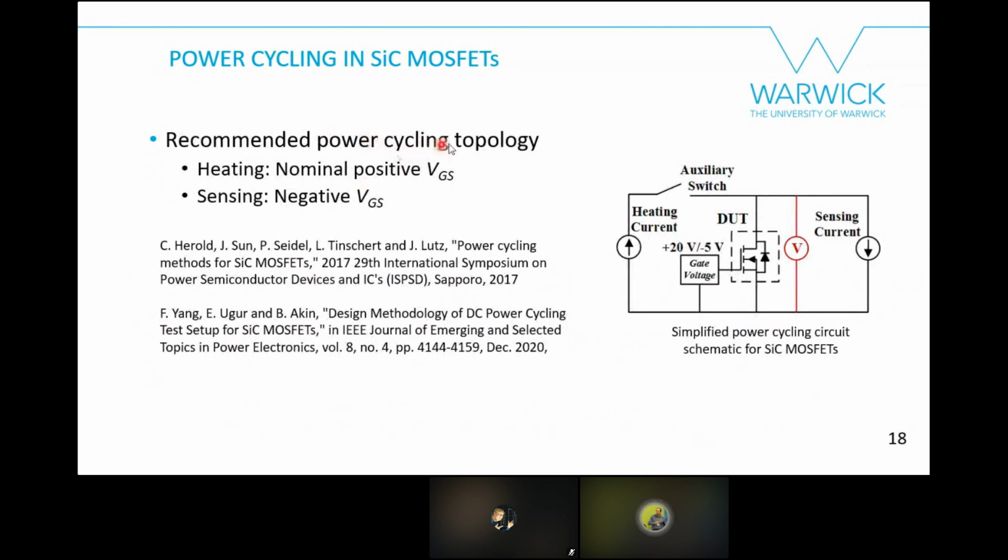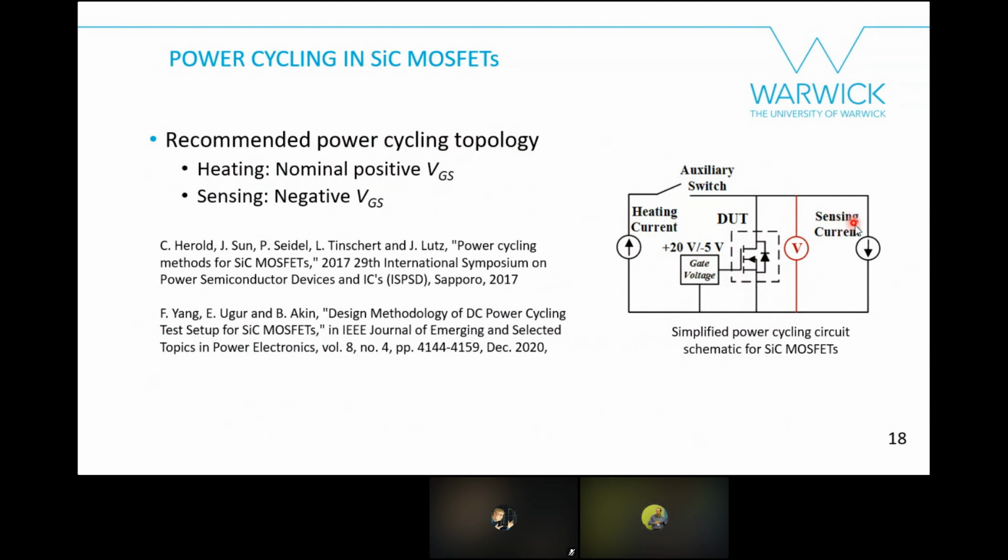So with all this, here is a recommended power cycling topology for silicon carbide MOSFETs, which is just the basic DC power cycling setup. For heating, you're going to use the nominal positive gate voltage, so use the channel for heating up the device.